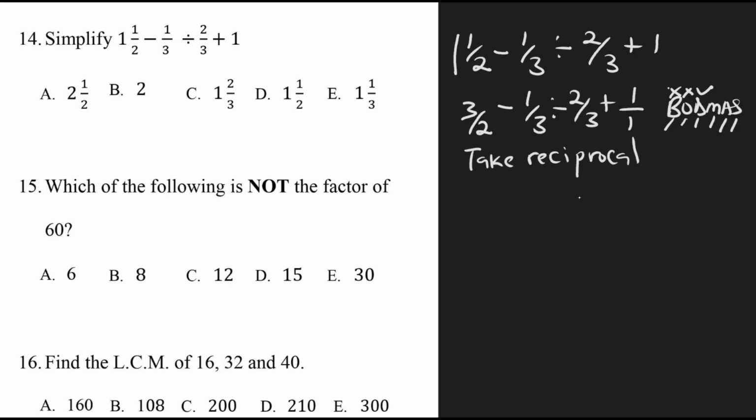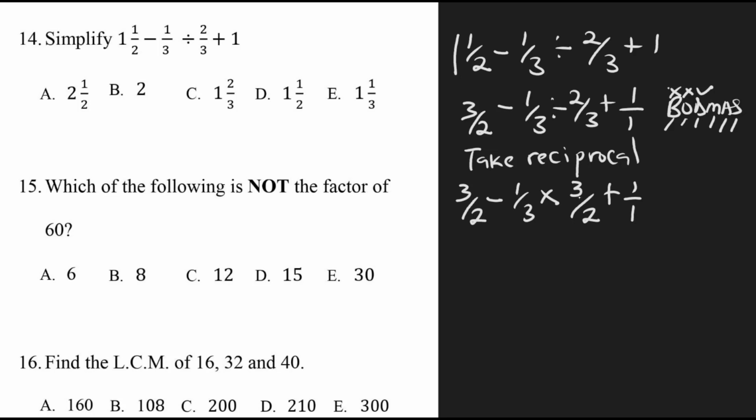In taking the reciprocal, the division will change to multiplication and the fraction next to it will turn upside down. So we're going to have 3 over 2 minus 1 over 3 times 3 over 2, then plus 1 over 1.